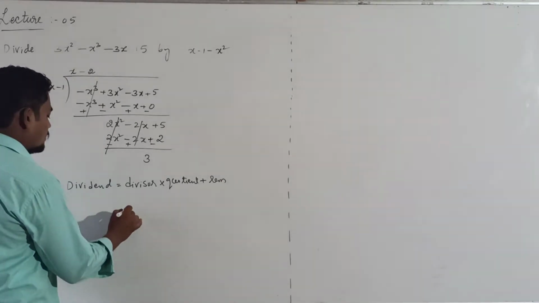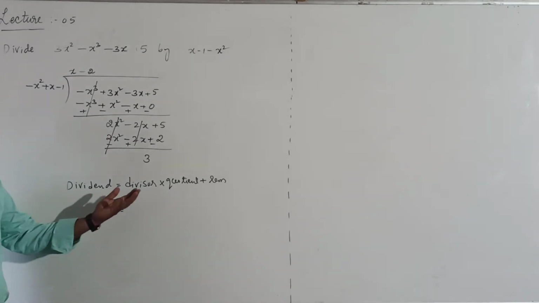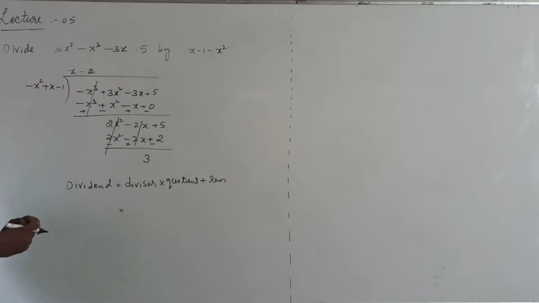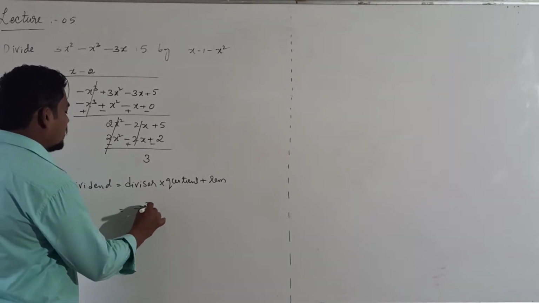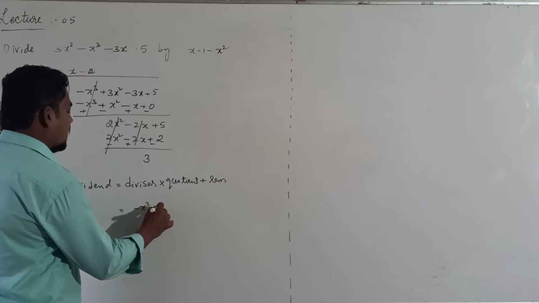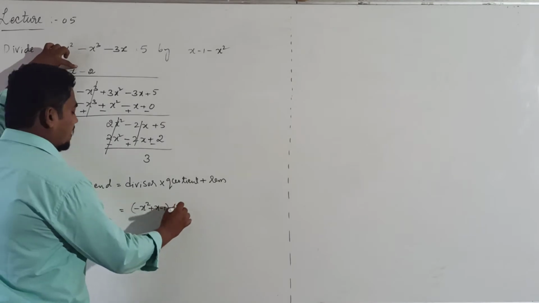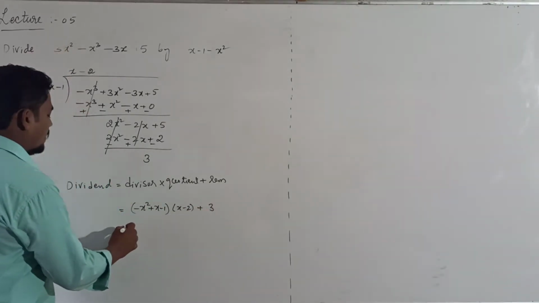Now simplify this and check whether it gives the dividend or not. What is our divisor? It is minus x square plus x minus 1, into our quotient, x minus 2, plus remainder 3.